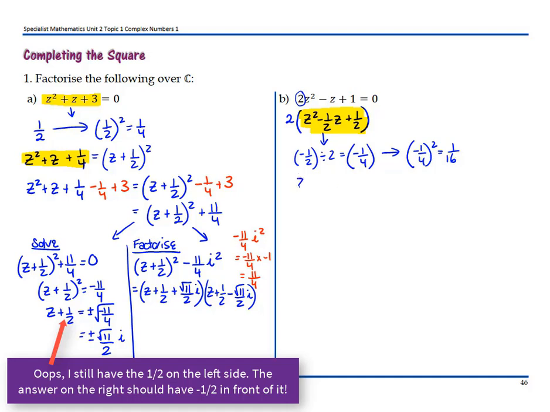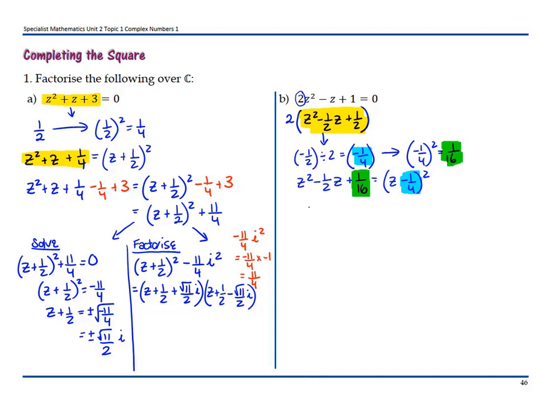So that means my z squared minus a half z plus 1 over 16 will be z minus a quarter all squared. So remembering that this 1 over 16 goes there and the minus a quarter goes there.